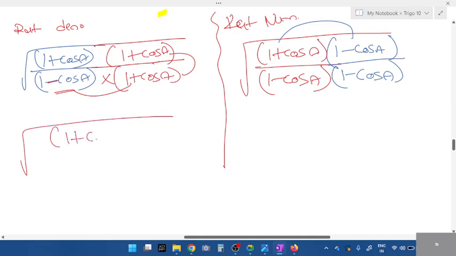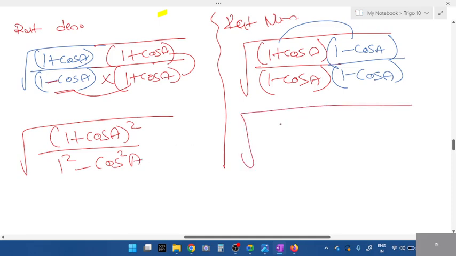You get 1 plus cos A twice. Write it like this. Numerator, we get 1 square minus cos square A. Look at the difference. Denominator is 1 plus cos A. Sorry, 1 minus cos A, whole square.